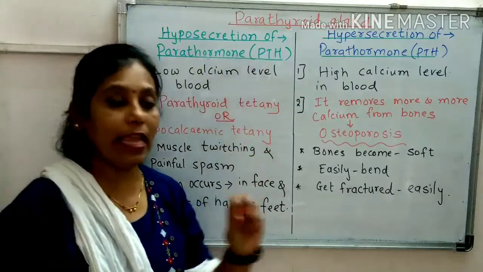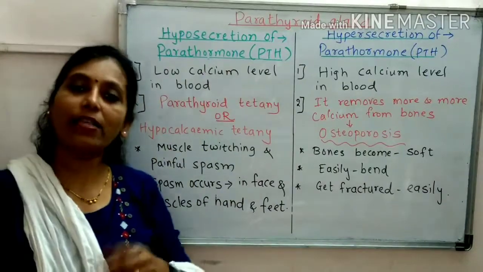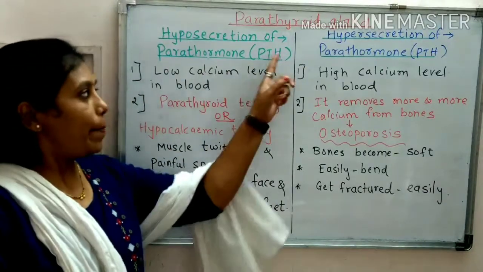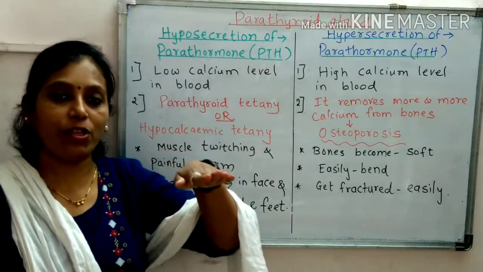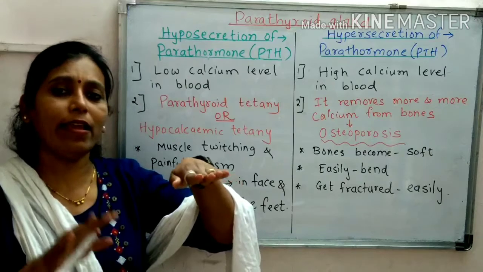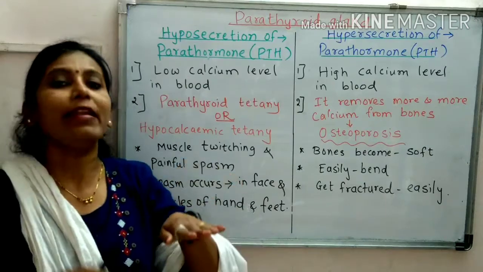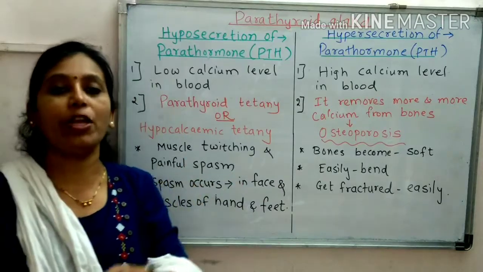It results in a low calcium level in the blood. As we know, PTH, that is parathormone, increases the calcium level in the blood. But if this hormone is secreted in very less quantity, naturally the calcium level in the blood reduces.